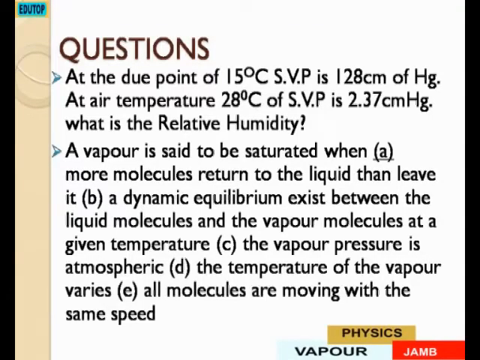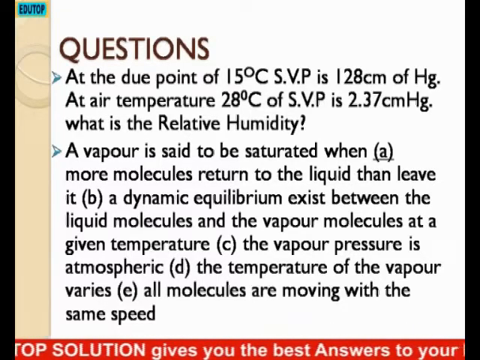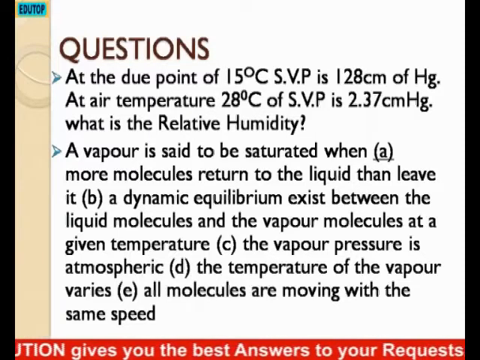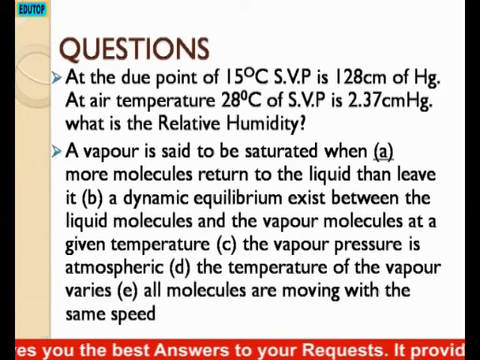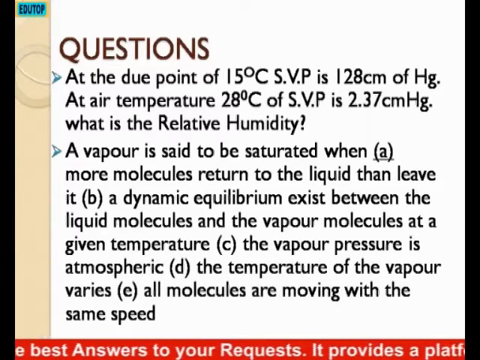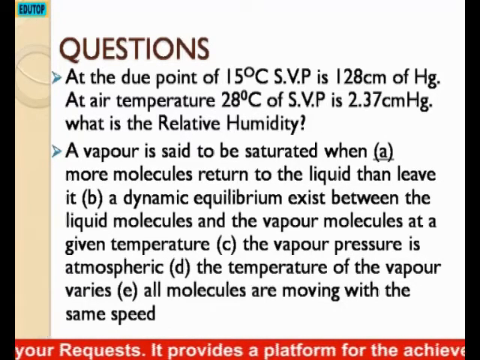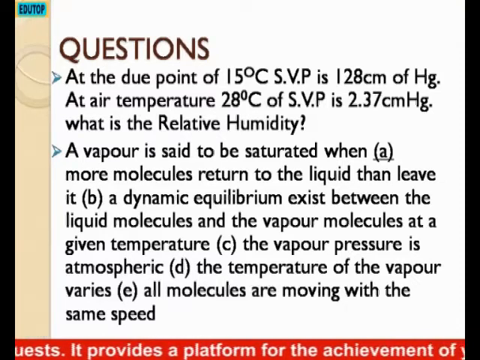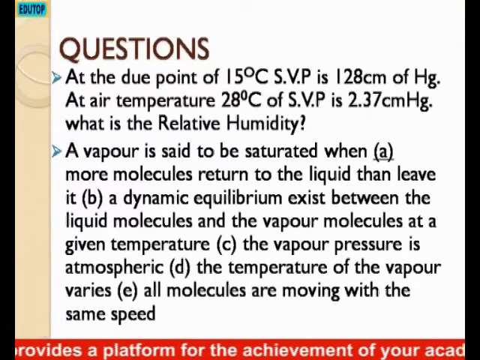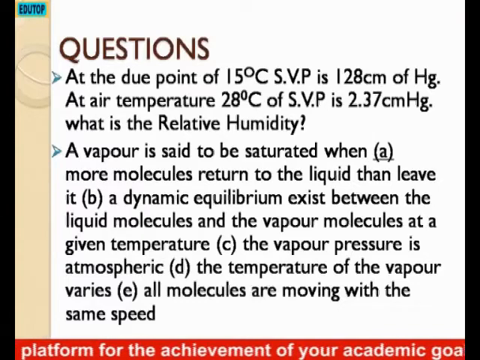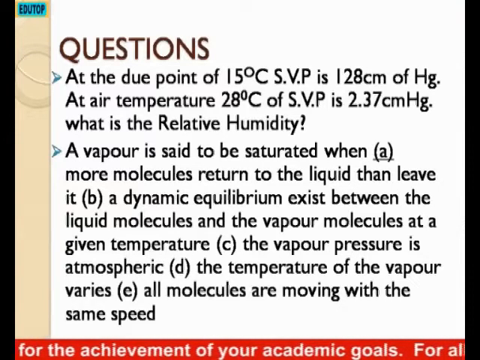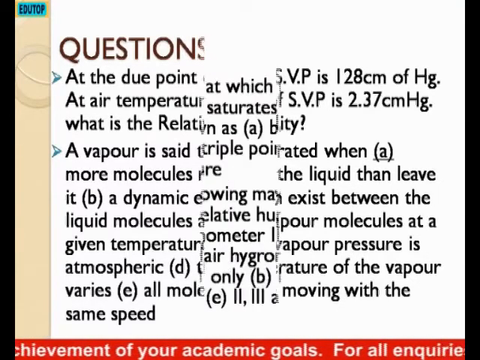So if you have to answer that question now, the best answer is A. More molecules return to the liquid than the molecules leaving the surface of the liquid. For B, they say a dynamic equilibrium exists, which is not the answer. For C, the vapor pressure is atmospheric, which is not the answer. So the best answer is option A.